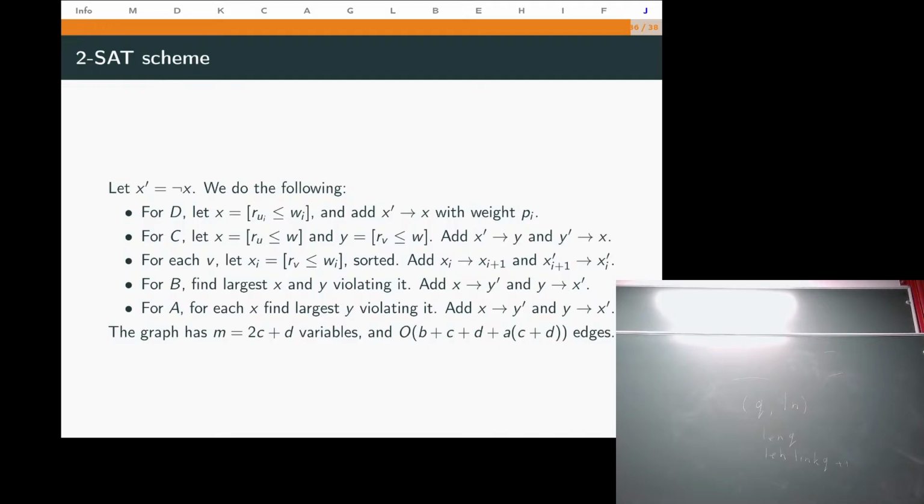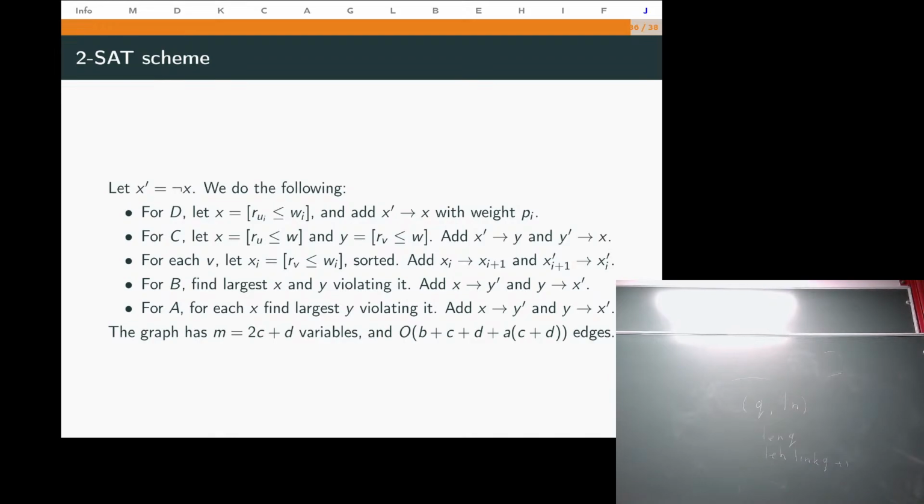And if you look at this network, you will see that we have a total of 2C plus D variables, which is fine, this is still a linear amount. But if we count the edges, you will see that we have D plus C plus D edges for constraints of type B, C, and D, because for D we have one edge, here we have two edges, and for D we also have two edges.